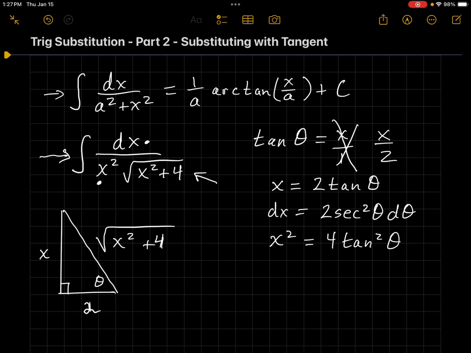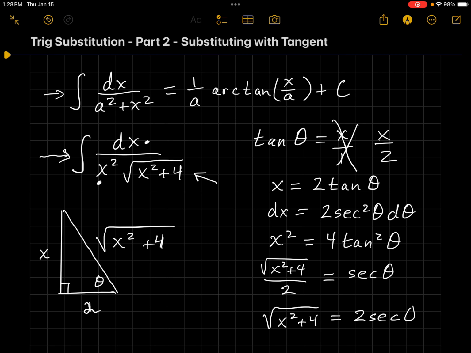I'm only missing the square root of x squared plus 4. And from my triangle, I see that the square root of x squared plus 4 over 2 is secant theta, which makes me happy because tangents and secants go together. Really, tangent squareds and secant squareds go together. And then I'll rewrite square root of x squared plus 4 as 2 secant theta.